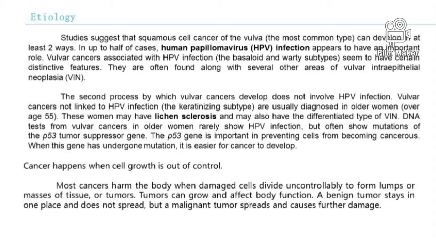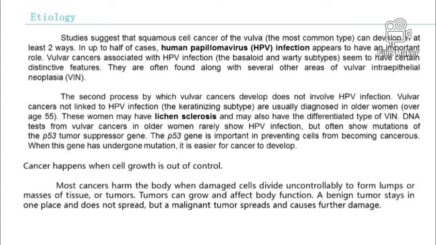So the second process by which vulvar cancer develops does not involve HPV infection. Vulvar cancer not linked to HPV infection are usually diagnosed in older women over age 55. This woman may have light chain sclerosis and may also have the differentiated type of VIN.